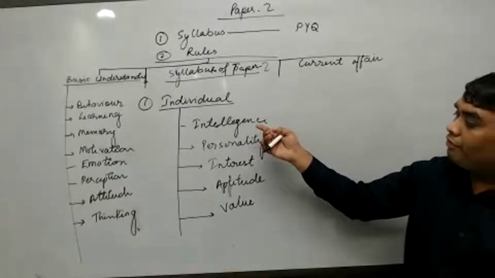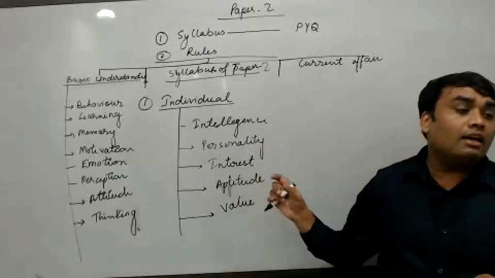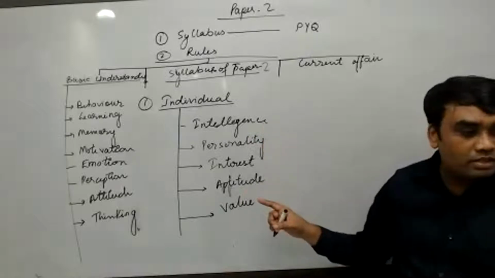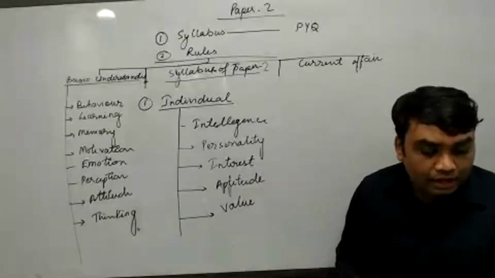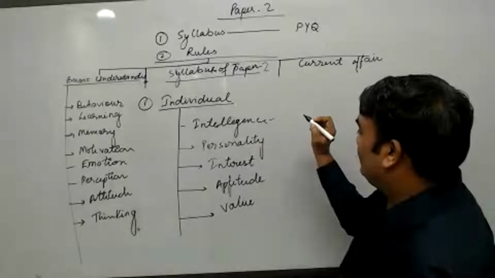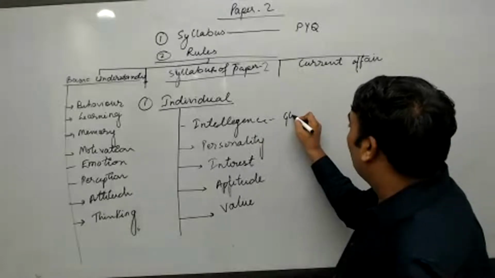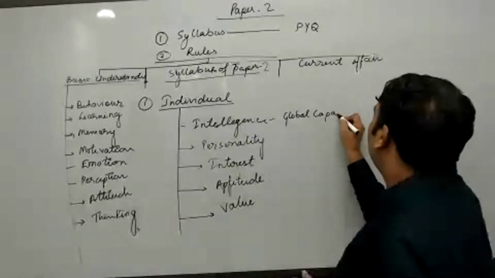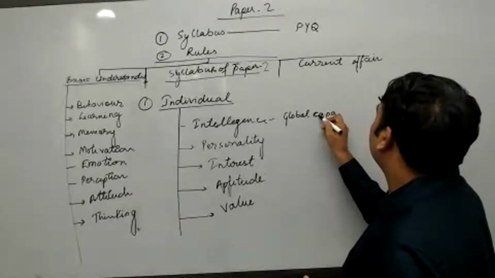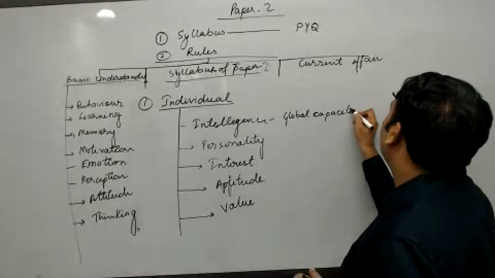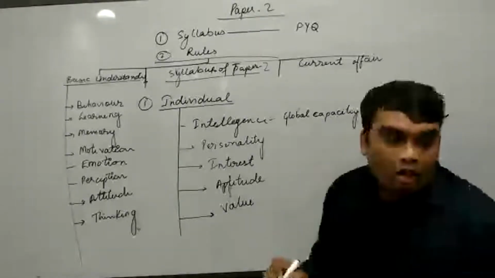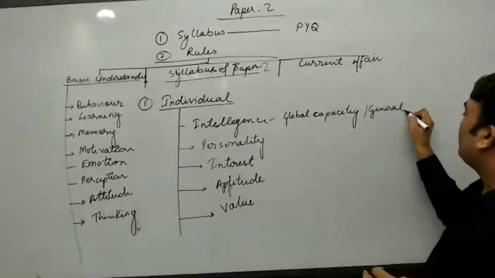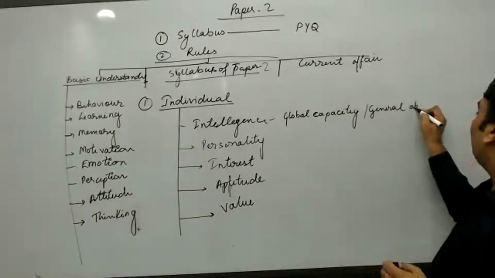As I defined all these words in the last class, what was the definition of these words? Note down in your copy. The first word is intelligence. Intelligence is a global capacity, or we can say it is a general ability.